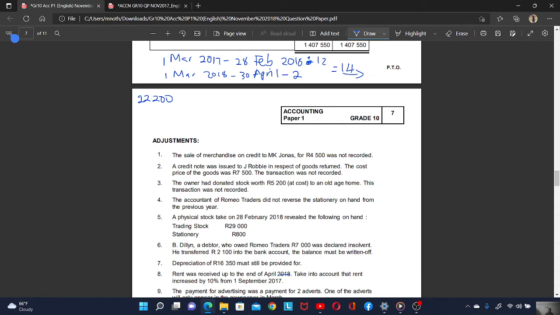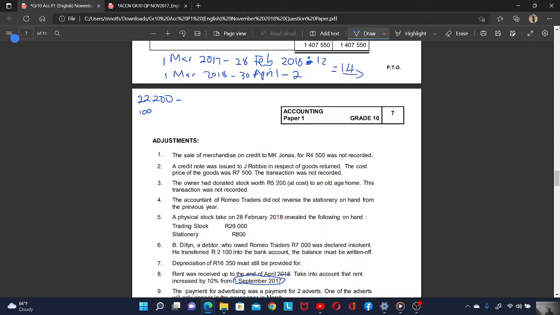But then here we were told to take into account that the rent was increased by 10% on 1 September 2017. So let's say 100%. Before September, the rent was 100%.